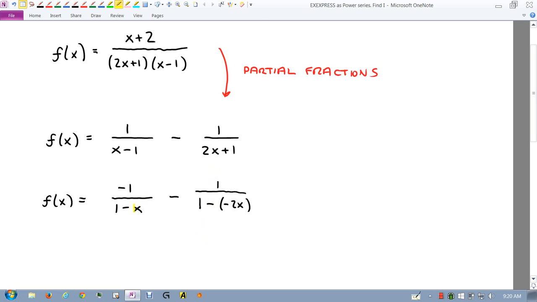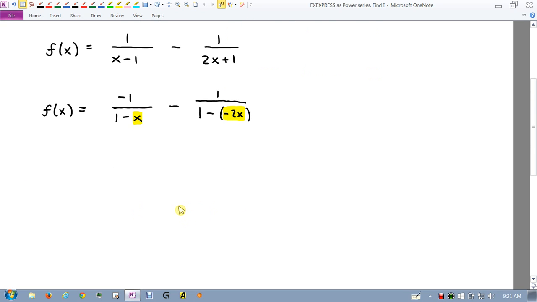So in each of these, the part highlighted in yellow is the x part of the geometric series formula. Do you agree? I do have a negative 1 on top of the first one, so I'm going to pull that out. So here's where we are. We have equals negative 1 times 1 over 1 minus x, then minus 1 over 1 minus negative 2x.